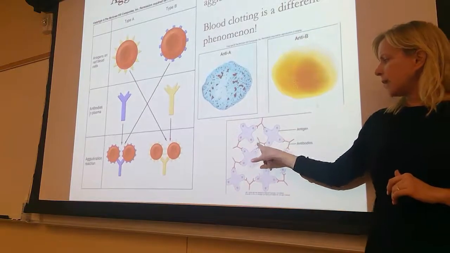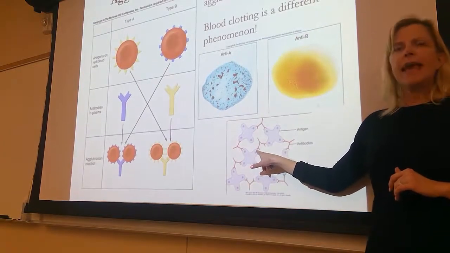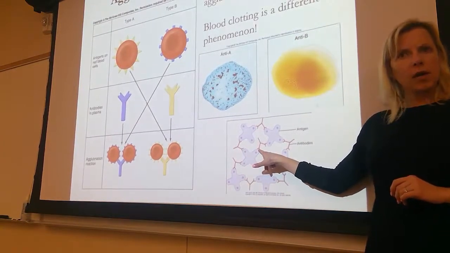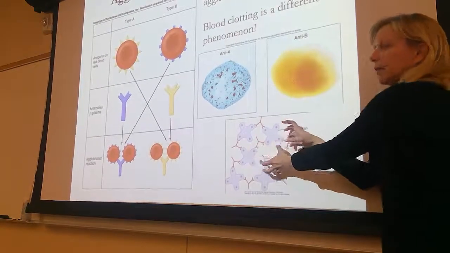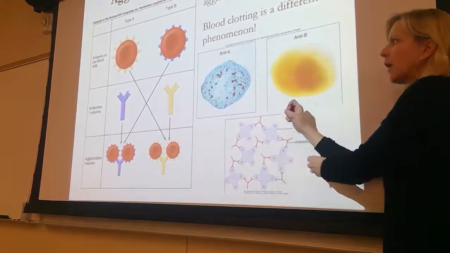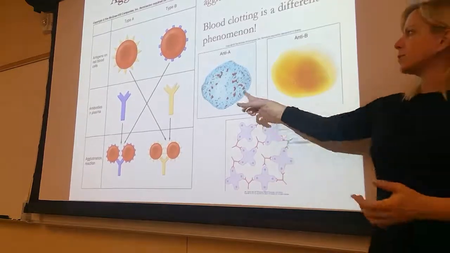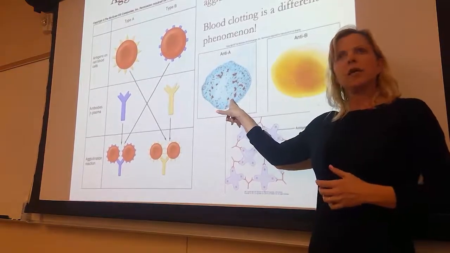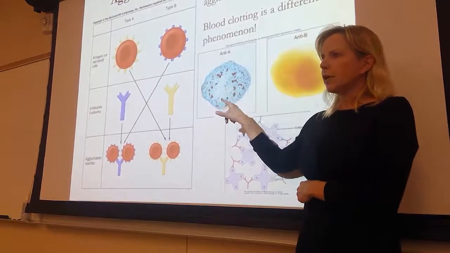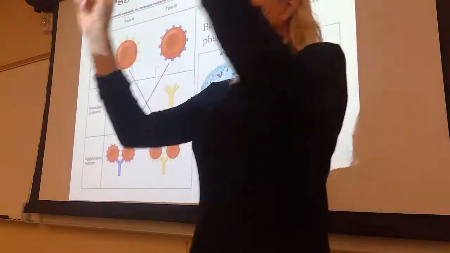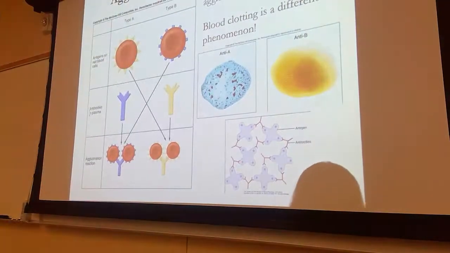Here's the anti-A antibody, and if the A antigen is there, the antibodies are going to lock onto it, creating these clusters, and then they precipitate out of solution, and this is what you will see. If you see this immune reaction occur, it's because both items are now present.